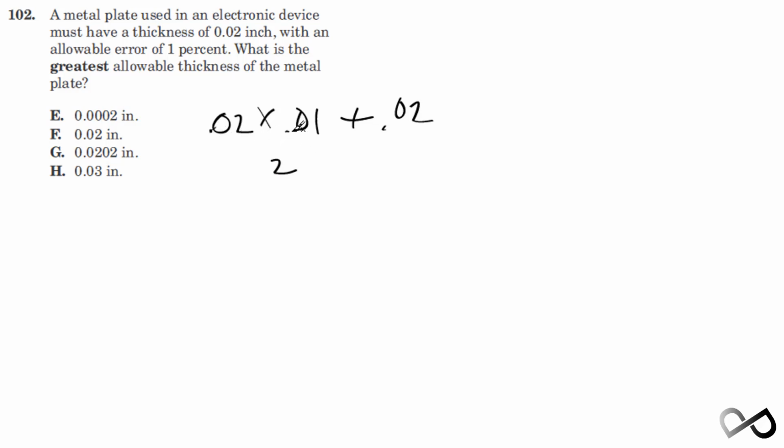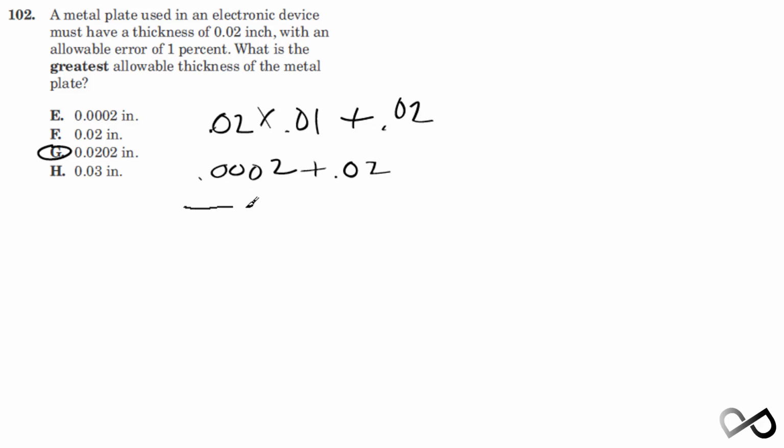So there's 1, 2, 3, 4 decimal places. So we're going to go from here and do 1, 2, 3, 4. So that's going to give us 0.0002, and we're going to add that to the 0.02, and that's going to give us letter G, 0.0202.